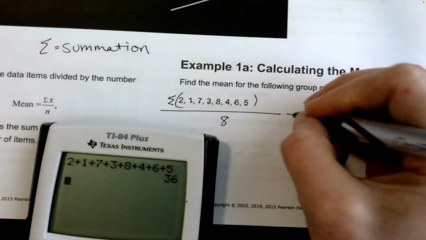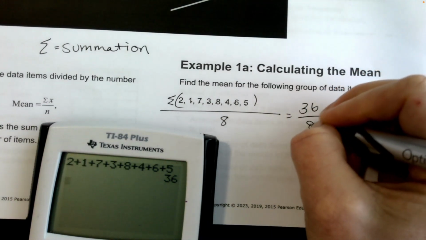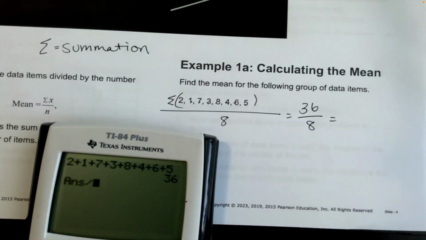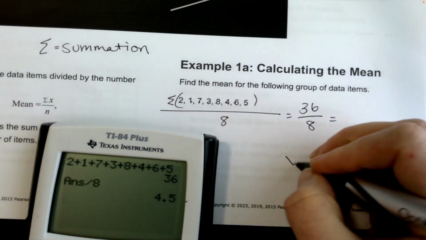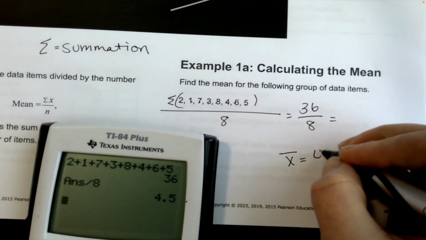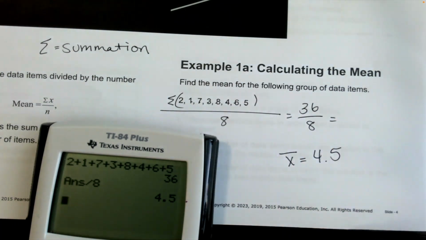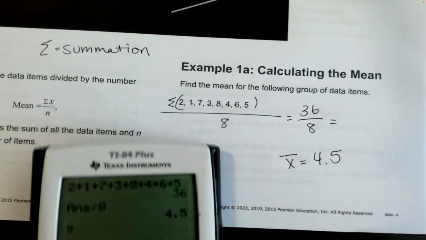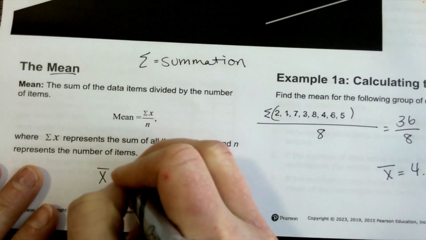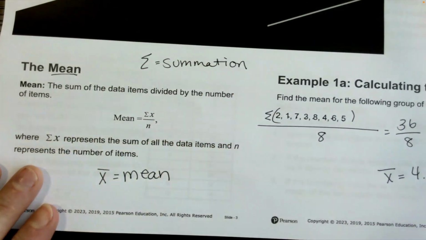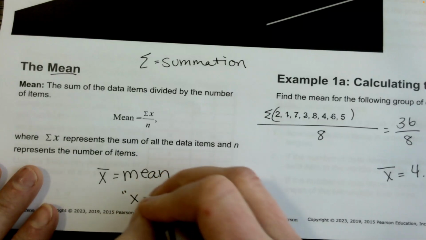It's 36. Then we divide by 8. So the mean, which we're calling X bar, is 4.5. So you may see the term X bar. X bar is the mean.